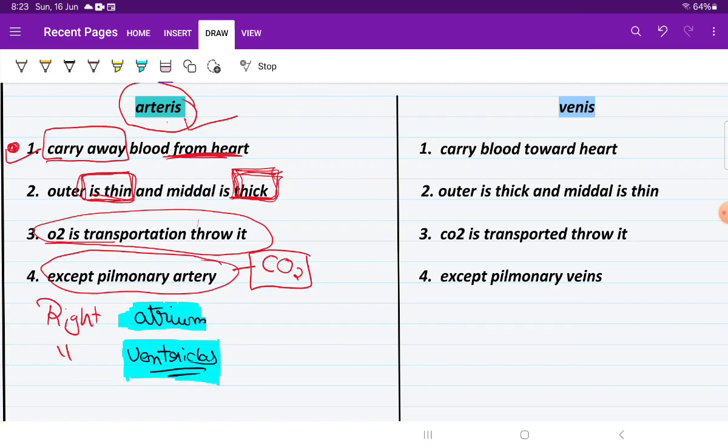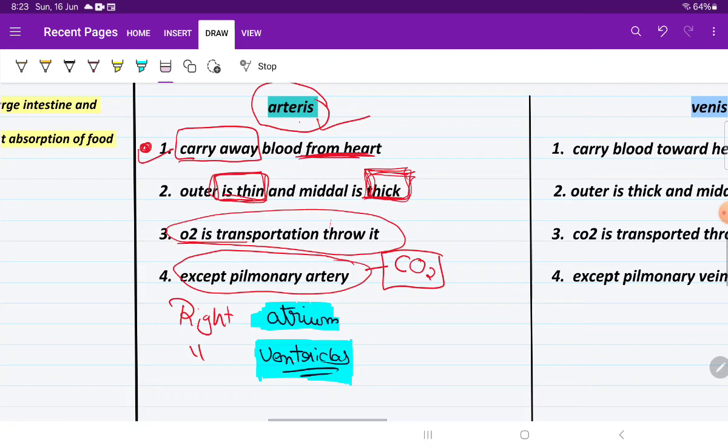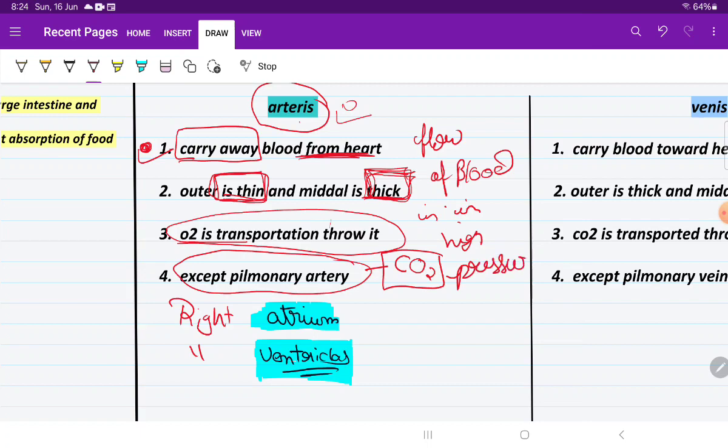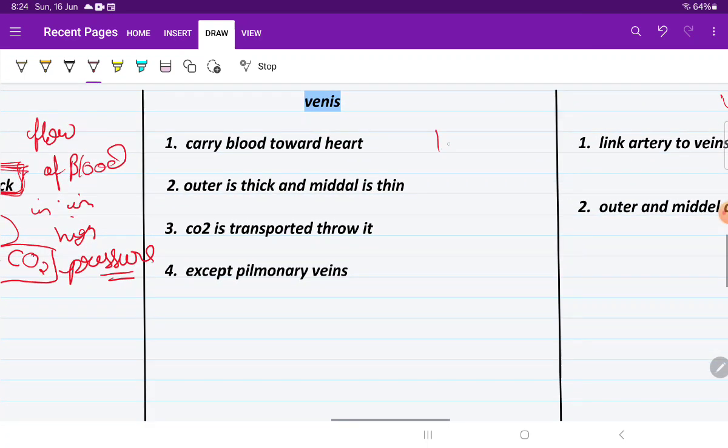Yes students, arteries, because the artery is connected to the heart, and the heart continuously pumps, and that is why the blood flows at high pressure. And in veins there is low pressure because they are carrying blood towards the heart.